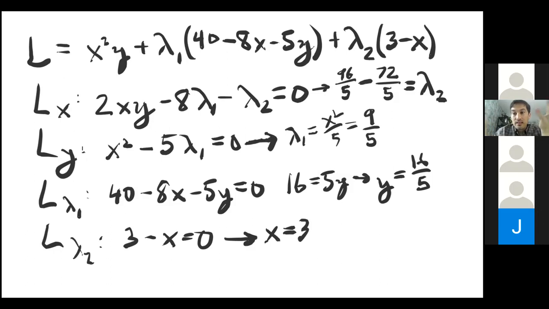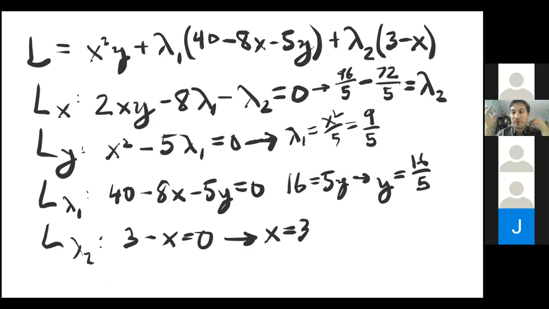If it was instead 4 minus x equals 0, then because 10/3 is less than 4, you would have found that that constraint is binding and the one that you found is correct. But unfortunately, the one you found is not correct because the 3 minus x equals 0 constraint is binding, because these lambdas are positive.